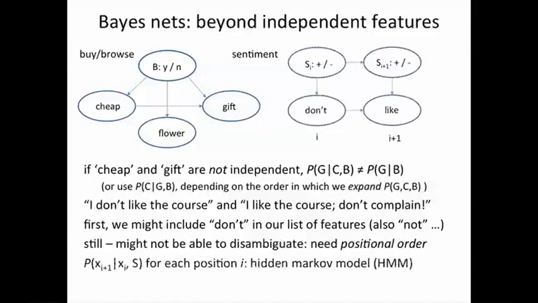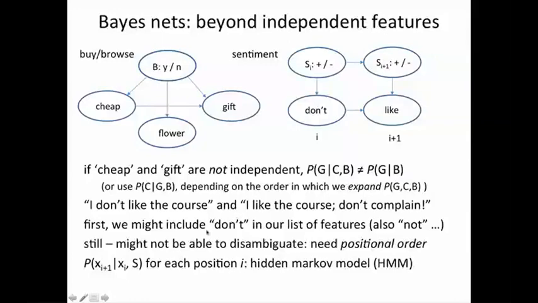So the graphical model which might help us here is that we have the class variable, which is the sentiment, having observed i elements of the comment, and the class variable, which is the sentiment after observing i plus 1 variables or words in the comment.